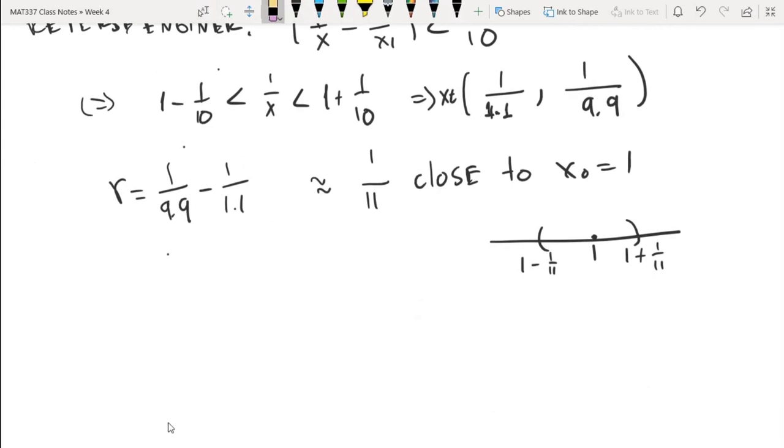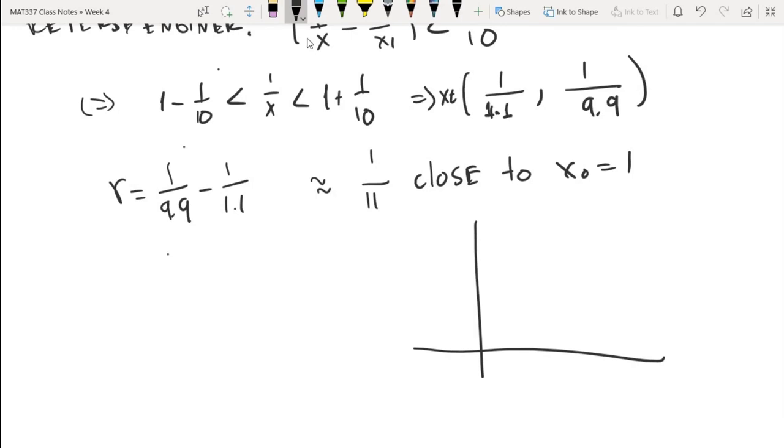Actually, let me draw this bigger. So what are we saying? We're saying that 1 over x, 1 gets mapped to 1, and we want 0.1 accuracy.